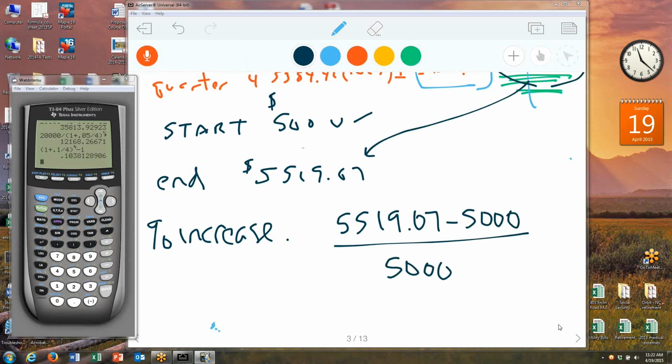If I run that through my calculator, we might be off slightly here due to rounding: minus the 5,000, and then divide that by 5,000.